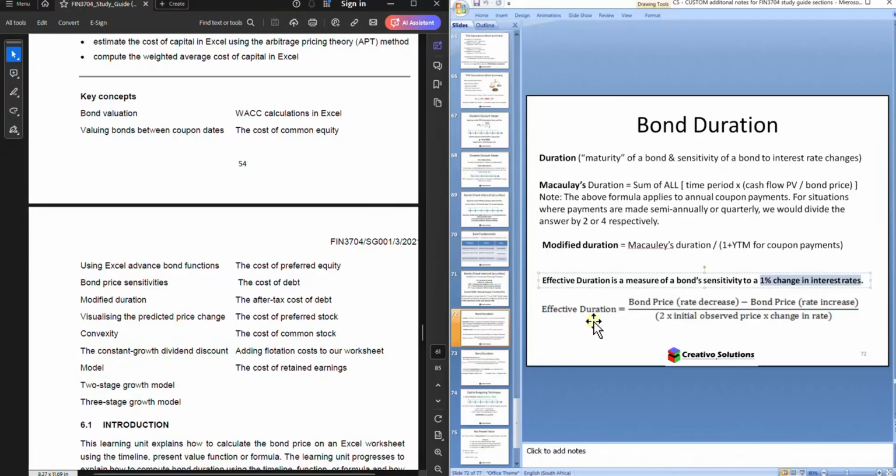And obviously, if the humidity is high, then we could possibly expect a higher chance of rain. So we're looking at one measure, but we're looking at a measure for something else. So, for example, duration is a measure for the sensitivity. When rates change, what's going to happen to the bond prices. So we're measuring one thing that's giving us an indication of another thing. In other words, it's just like a signal.